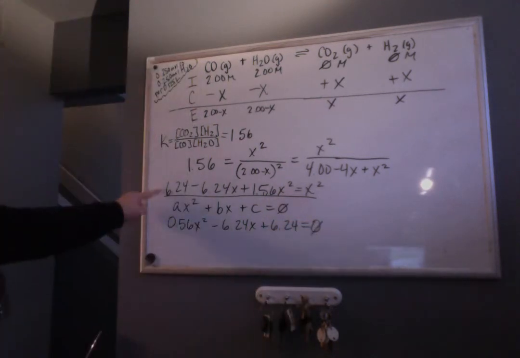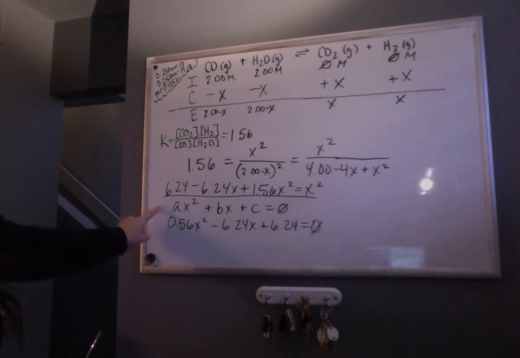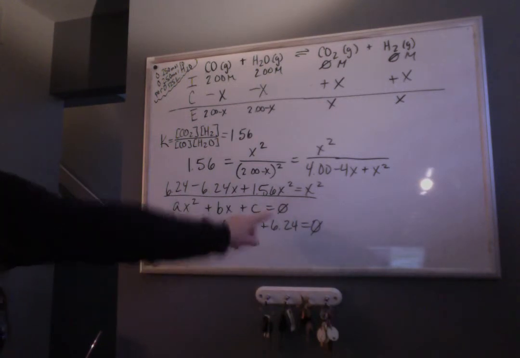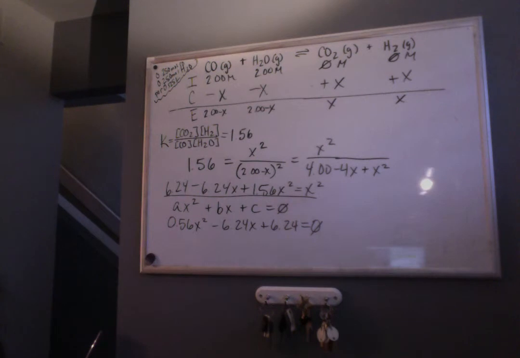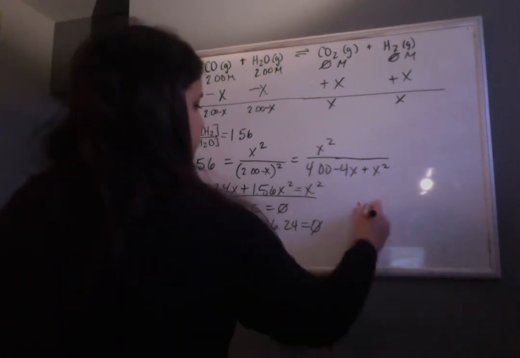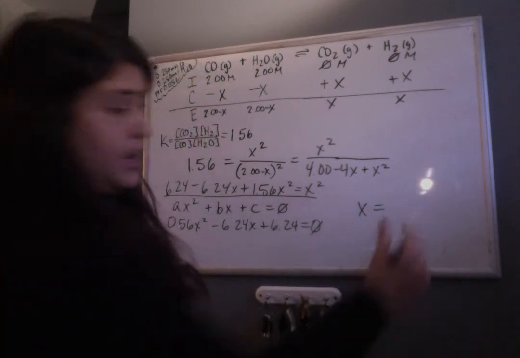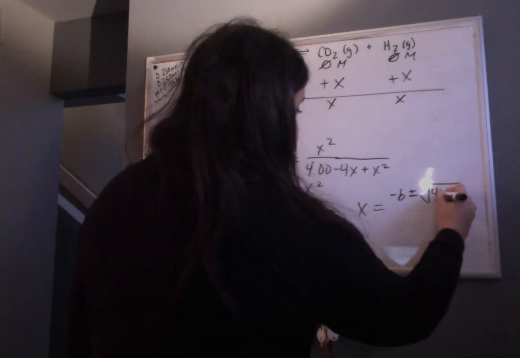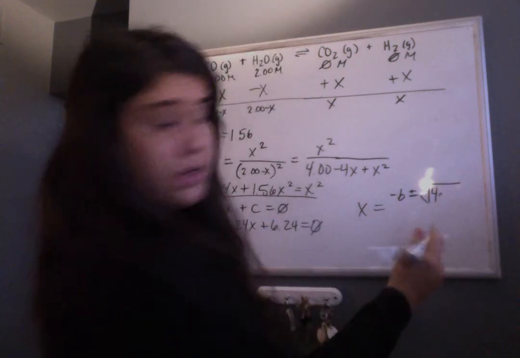Again, that's taking this equation and putting it in the form ax squared plus bx plus c equals 0. Now I can use the equation x is equal to negative b plus or minus the square root of, nope, it's b squared minus 4ac.